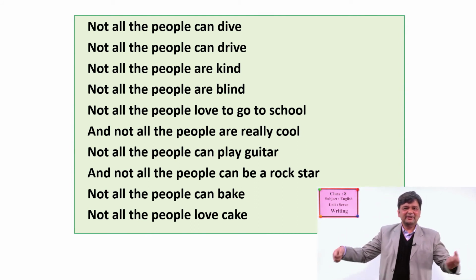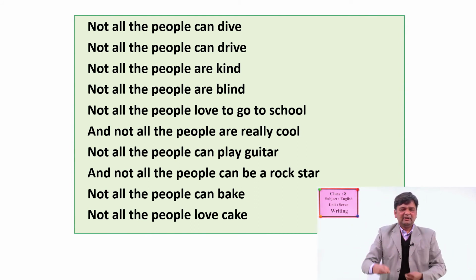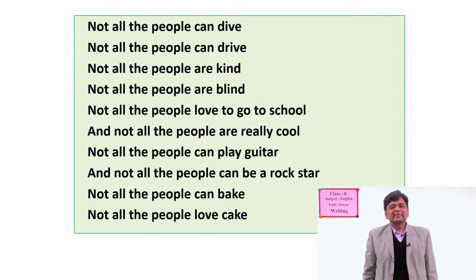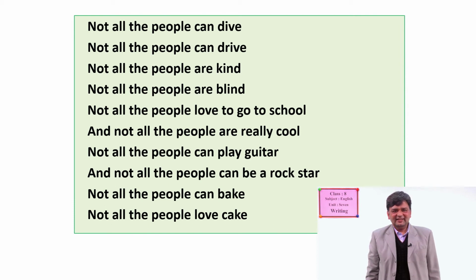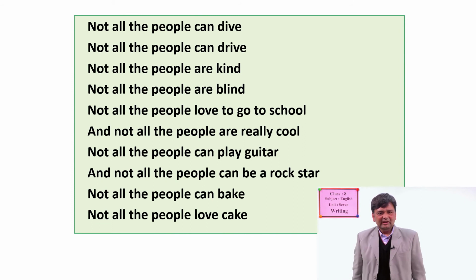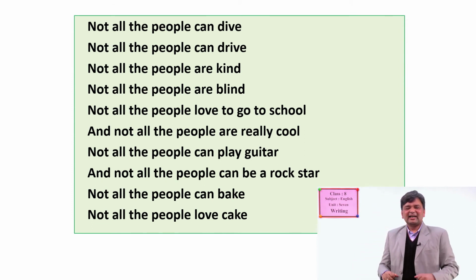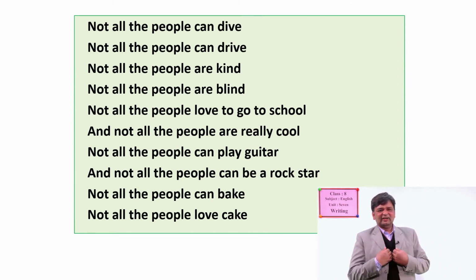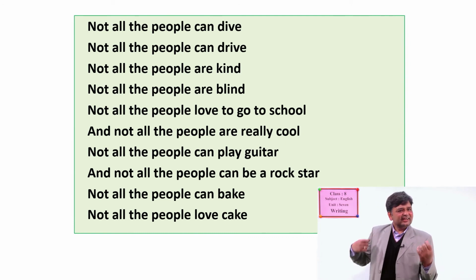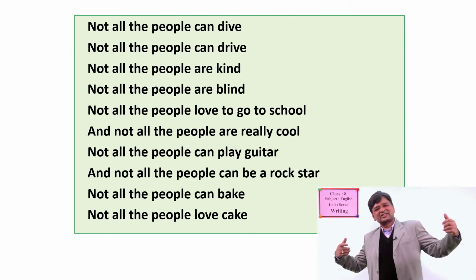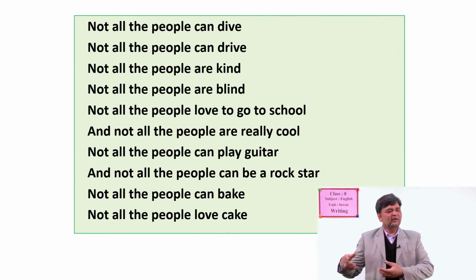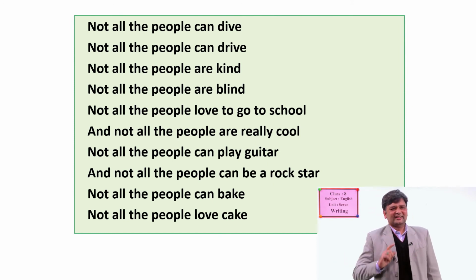Not all the people can drive. Not all the people are kind. Not all the people are blind. Not all the people love to go to school, and not all the people are really cool. Not all the people can play guitar, and not all the people can be a rock star. Not all the people can bake. Not all the people like cake.